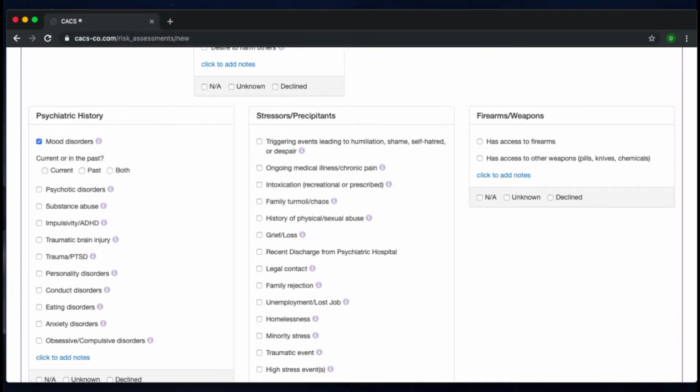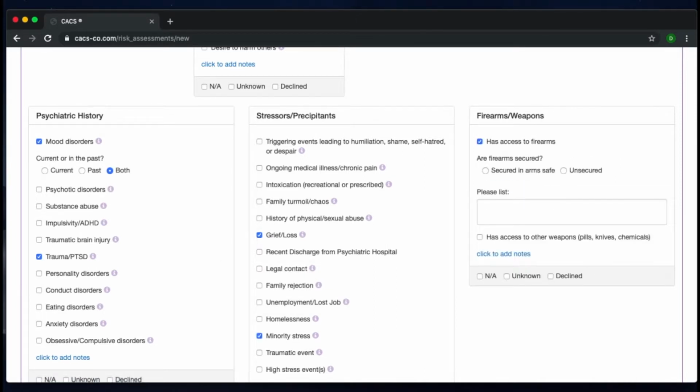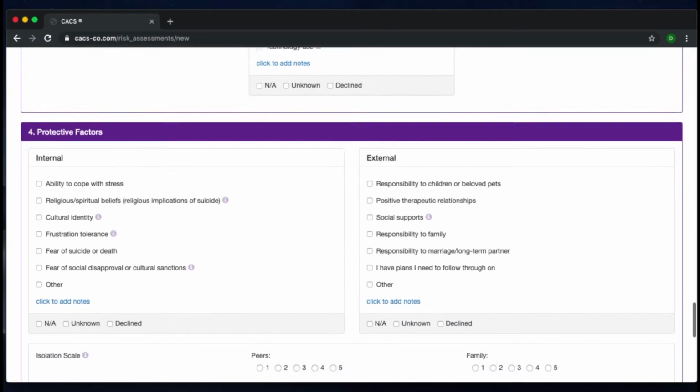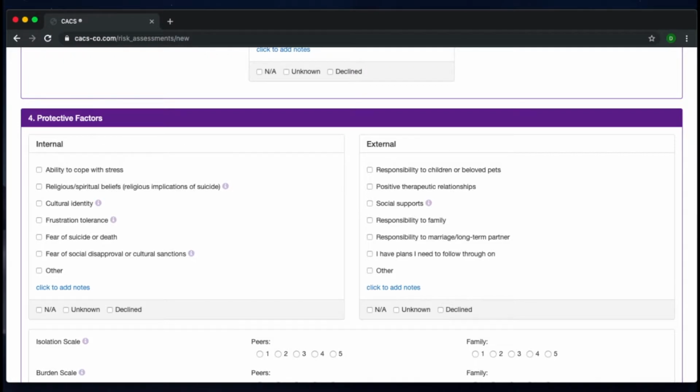So when it comes to someone endorsing that they have a mood disorder currently, like depression, as well as in the past, that's something you can mark here, as well as some trauma. So we're just going to click off things that would potentially fit her. And then she's saying, I have access to firearms, but let's say they're secured in a safe is part of your conversation. So clicking things off, and then protective factors to balance out all the risk.